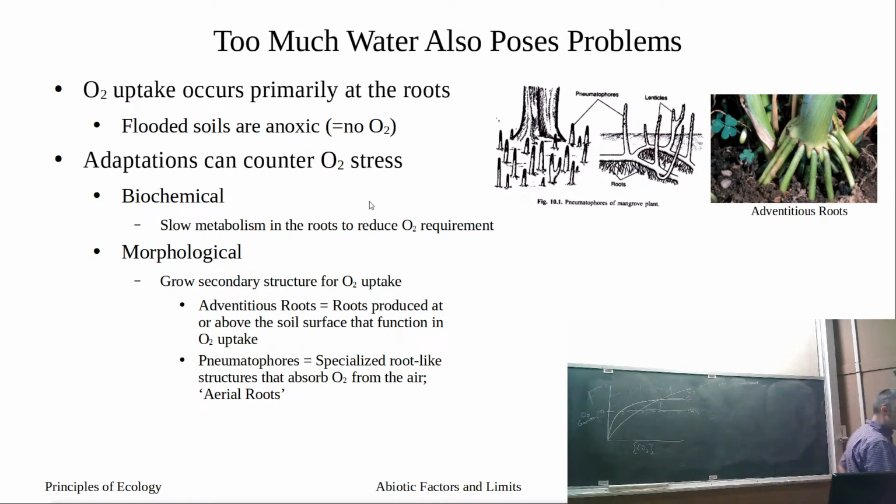Other plants, especially those plants that regularly see these flooded conditions, have developed these secondary structures. These secondary structures came about specifically for oxygen uptake. All right, so the two structures that we see are adventitious roots and pneumatophores.